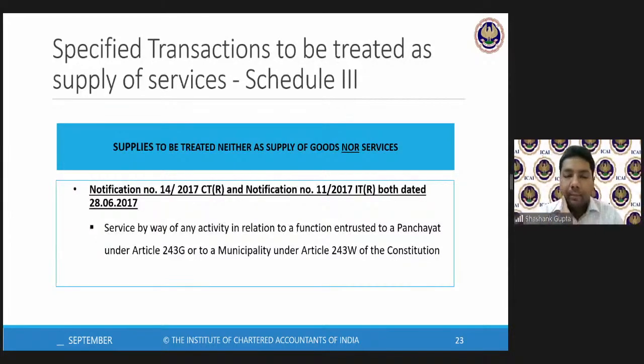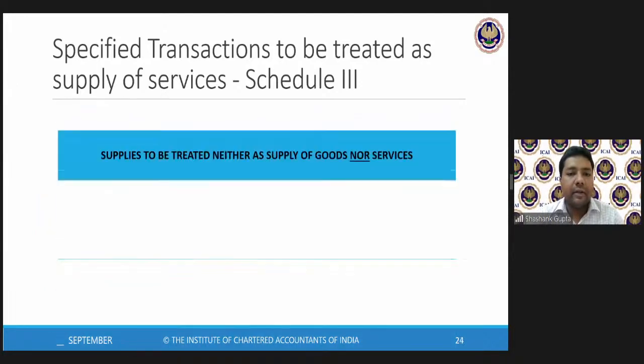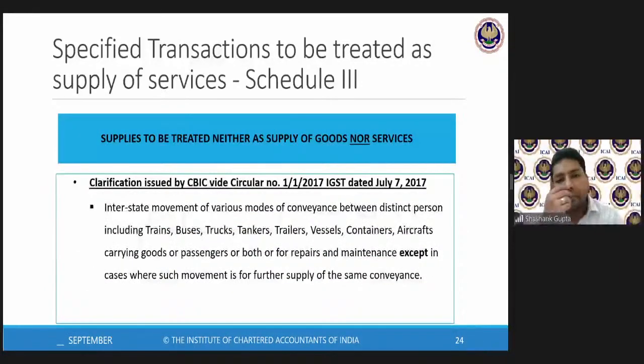So basically, all the functions that they're required to undertake, all of that is now covered under Schedule 3. So basically, panchayat and municipality on their supply of these functions, activities, no GST will be applicable.